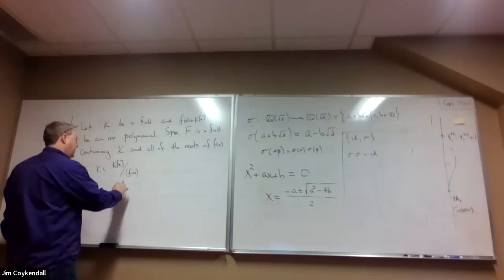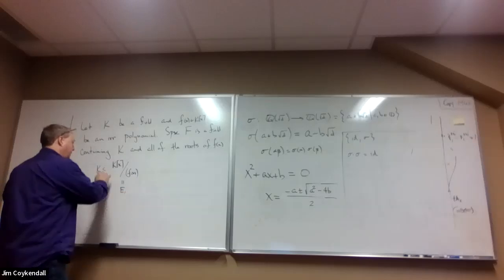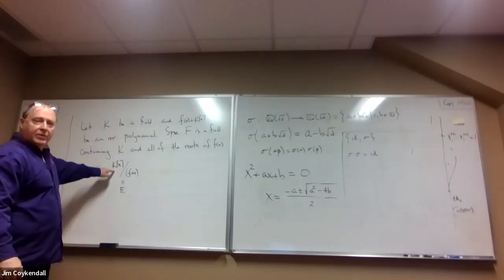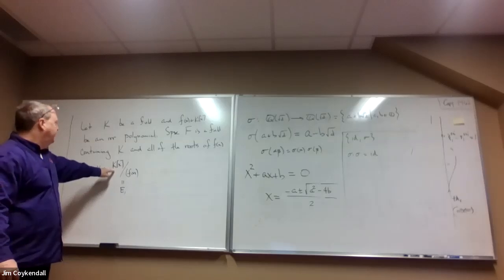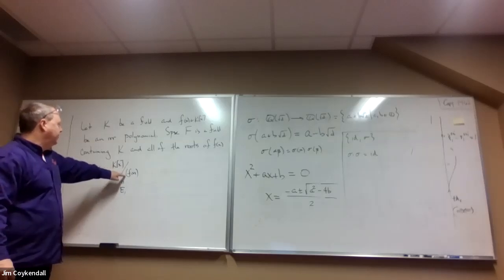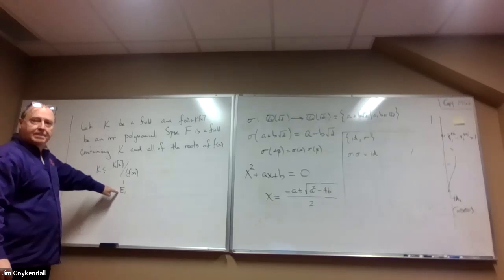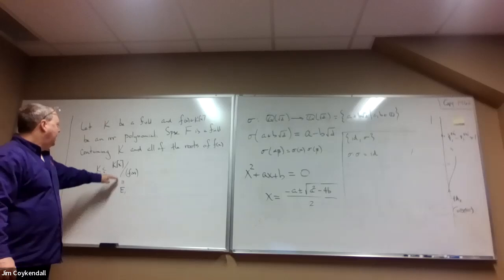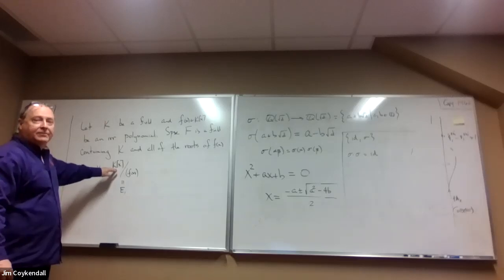We'll call this field E1. Notice that E1, you've seen this before in class, is the field K[x] mod f(x). Now E1 contains a root.